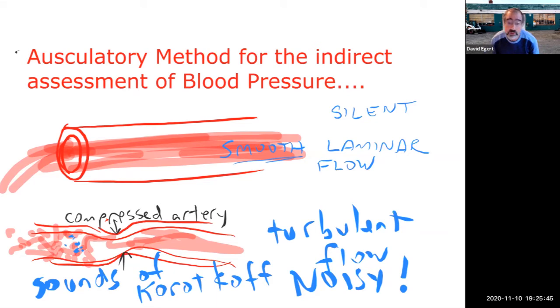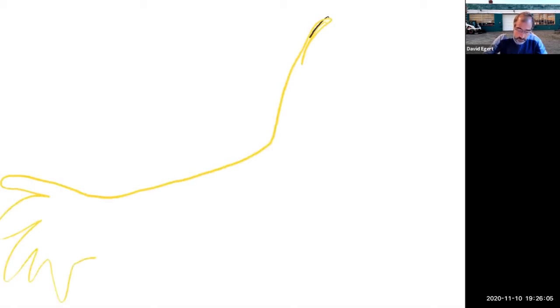Now I'll just show you the basic thing. I'll describe it, then we'll watch a little video, and then you're going to do a little quiz. The basic idea is you're going to take somebody's arm.